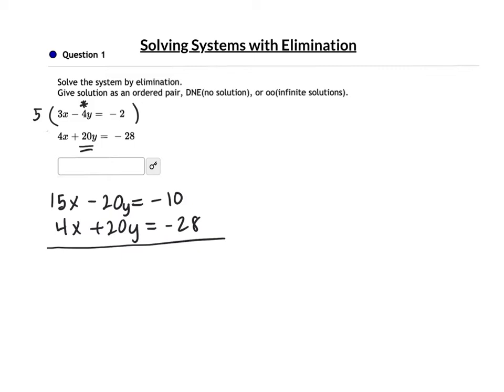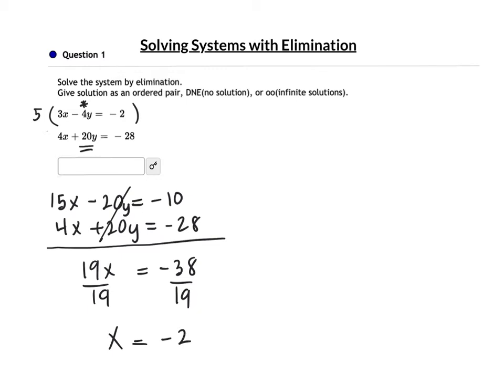So we'll add everywhere. 15 and 4 make 19x. Negative 20y and positive 20y, see why I made them opposites? They add to 0, equals negative 10 and negative 28, which is negative 38. Now get the x by itself, divide by 19, and x will equal negative 2.